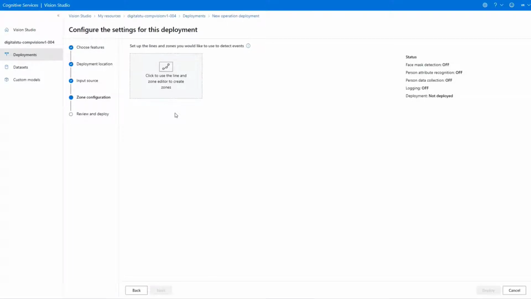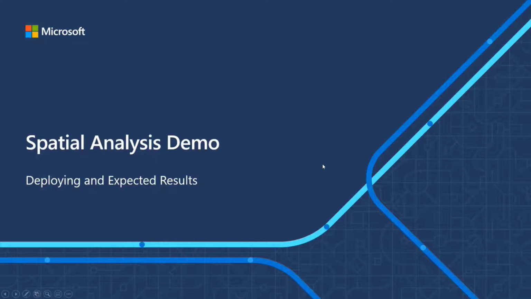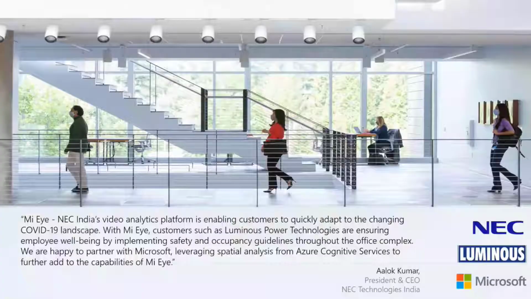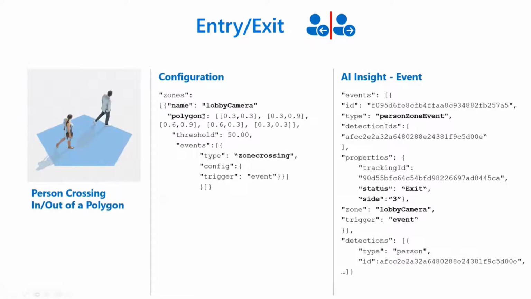If you remember, let me come back here to my presentation. Here we go. So if we come back here quickly, when you look at this configuration, you need to create every single JSON file to establish the configuration with spatial analysis, and it's really tricky, specifically when you need to build the regions of the polygon.